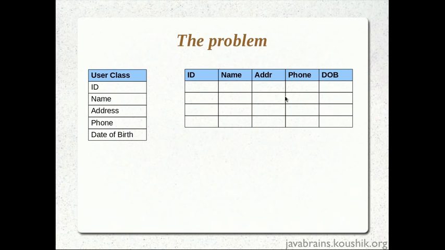And what we normally do when it comes to a Java application is we would normally use a JDBC connection, and we would connect to the database, and then we would take this user object. Let's say I want to persist user object 1. Now I would take this user object and I would pull up all these fields, and I would create a SQL query that would do an insert, and I would insert it into this database.